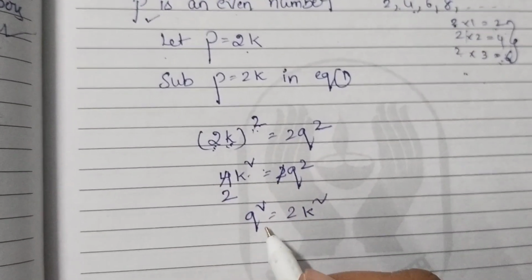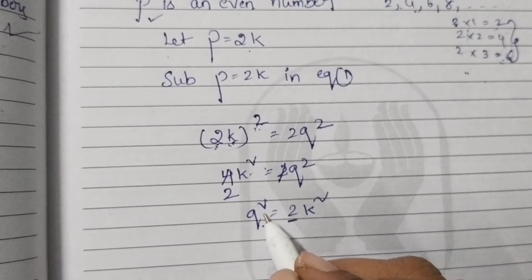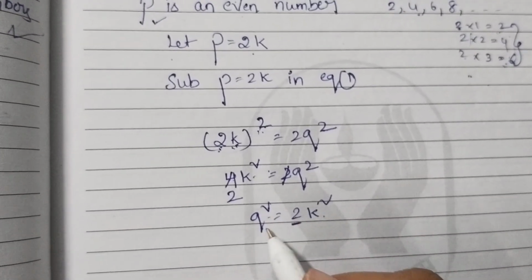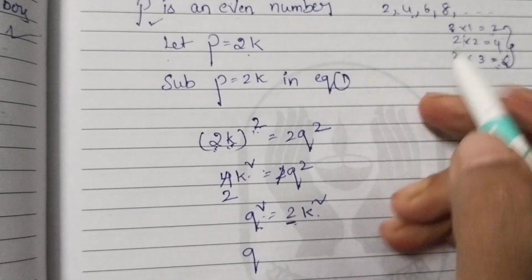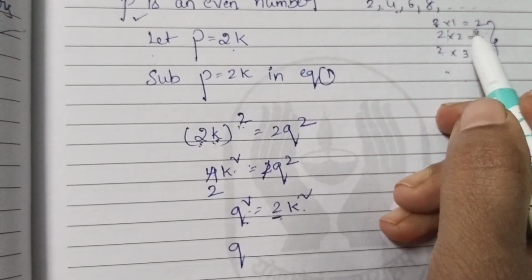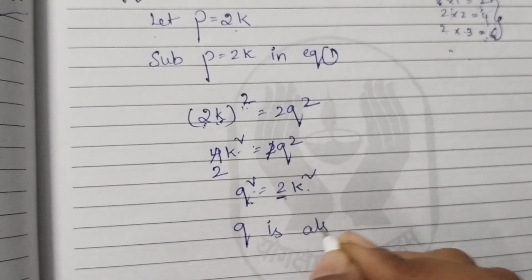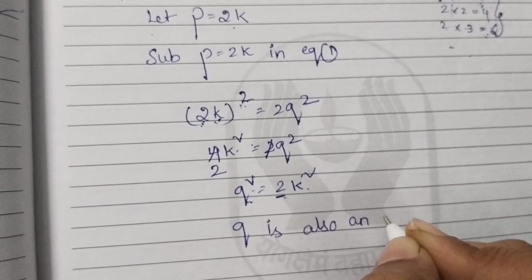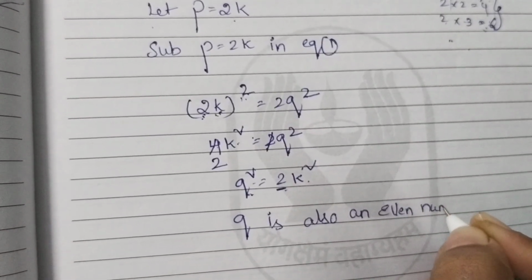Again, this q is also a multiple of 2. q square is equal to 2 into k square, so q is also a multiple of 2. Then what is q? Any number that is a multiple of 2 is an even number. So q is also an even number.